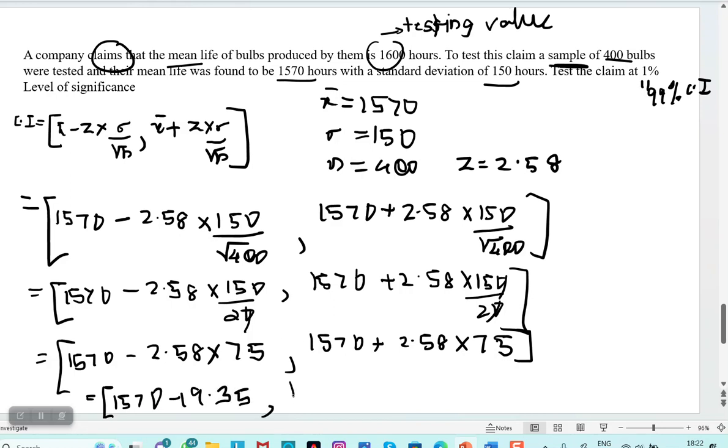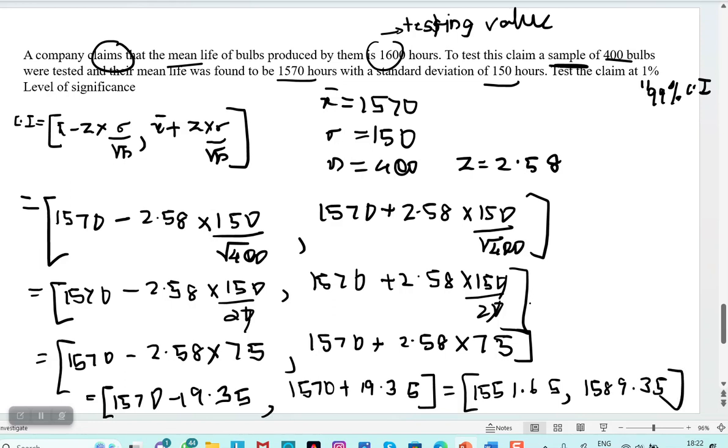So this is 1570 minus 19.35, which is 1550.65, and 1570 plus 19.35, which is 1589.35. Now if you observe, the testing value is 1600, which does not lie here, therefore we say that the claim is rejected.